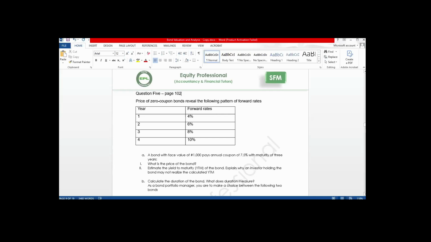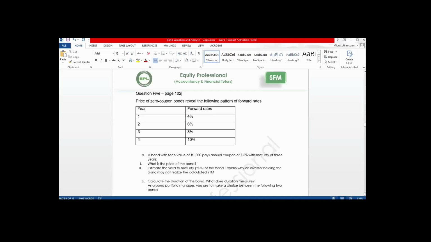Now you ask yourself, this bond is 3 years maturity. That means I'm dealing with a redeemable bond, a bond with a specific repayment date.